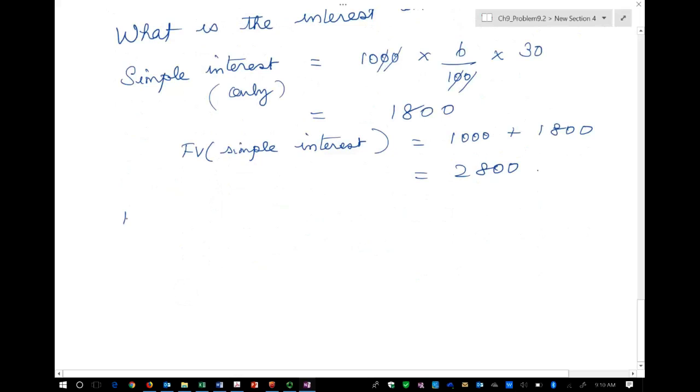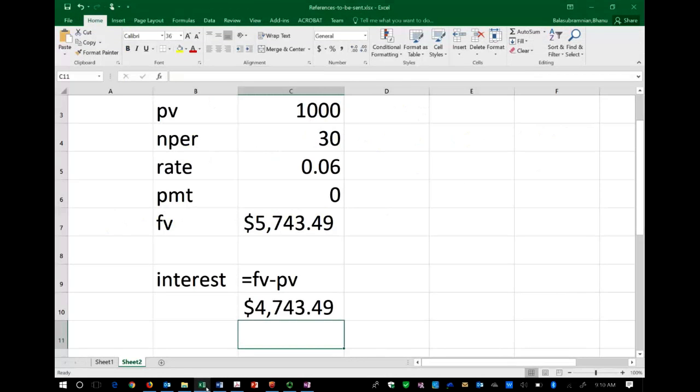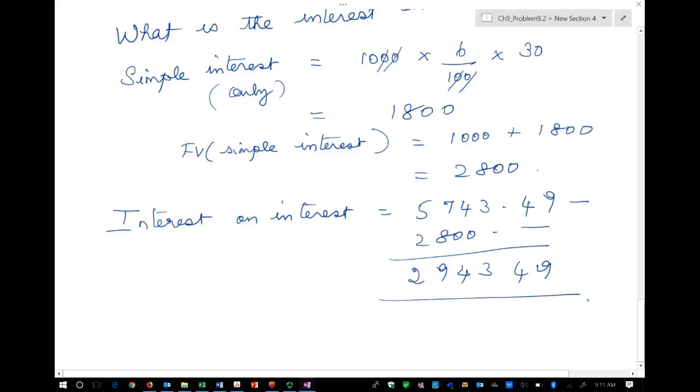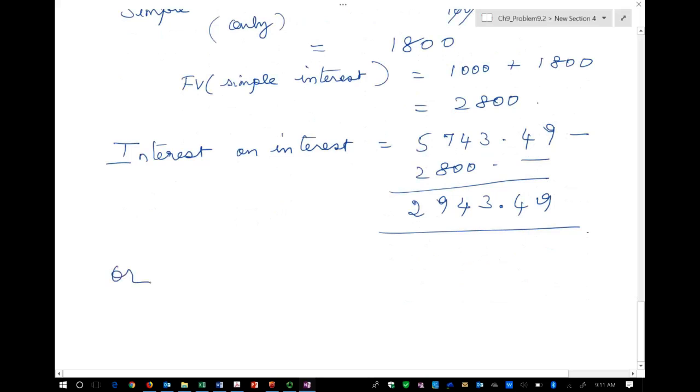So, interest on interest would be my future value using my Excel spreadsheet, 5,743.49, minus 2,800, that would be equal to 2,943.49, or you could say it would be 4,743.49 minus 1,800.